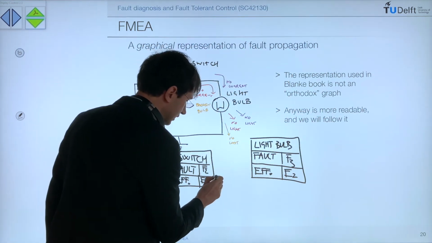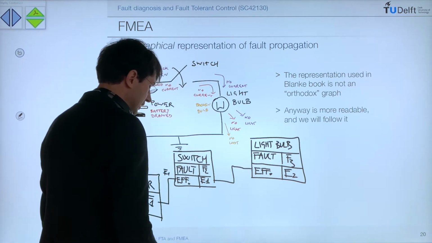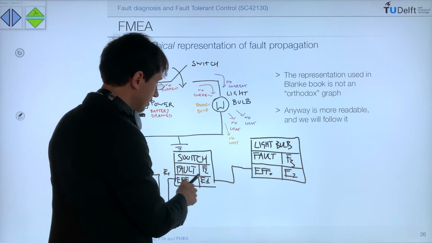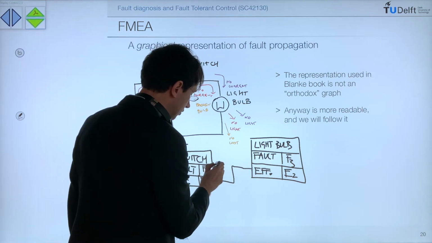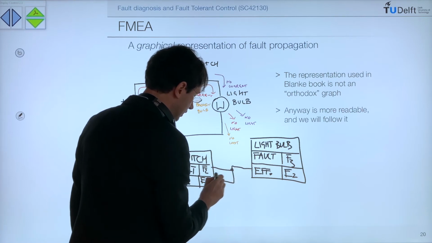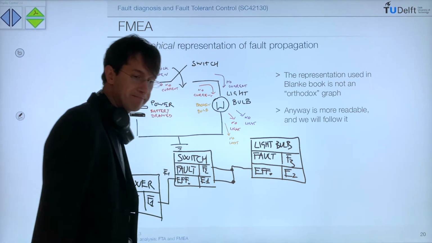And this can be due to the fact that the battery was drained and this propagated the effect to the switch and propagated it to the bulb, or it can also be due to the local fault of the switch. So we put nodes here to denote that.